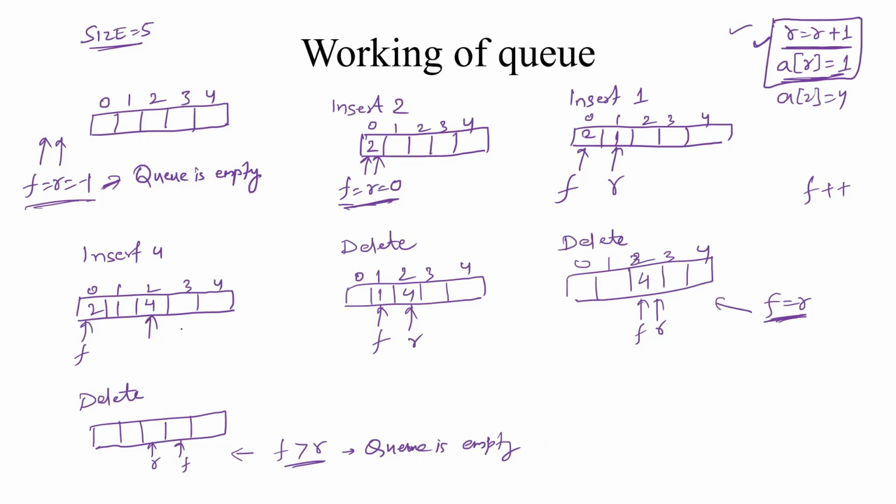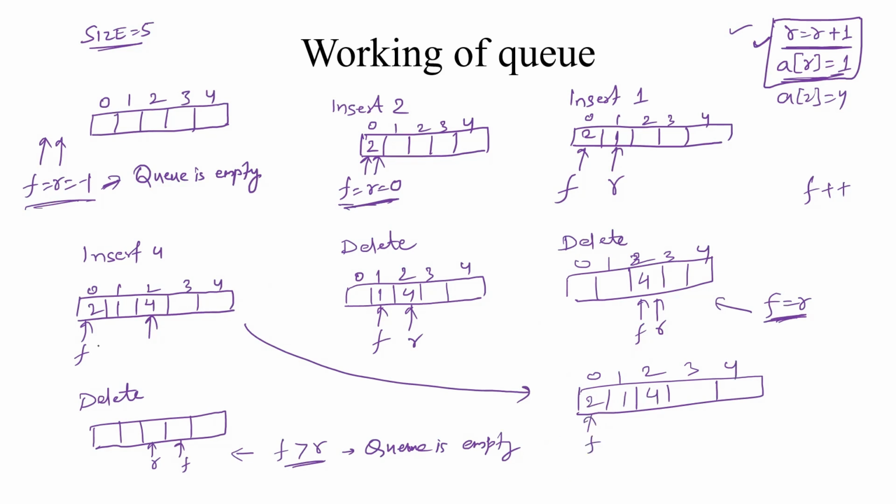After this scenario, let's suppose I want to insert two more values. One more scenario I want to tell you, that's why I'm inserting two more values here. So these are my index 0, 1, 2, 3, 4. This 2, 1, 4 was already there and front was also there.